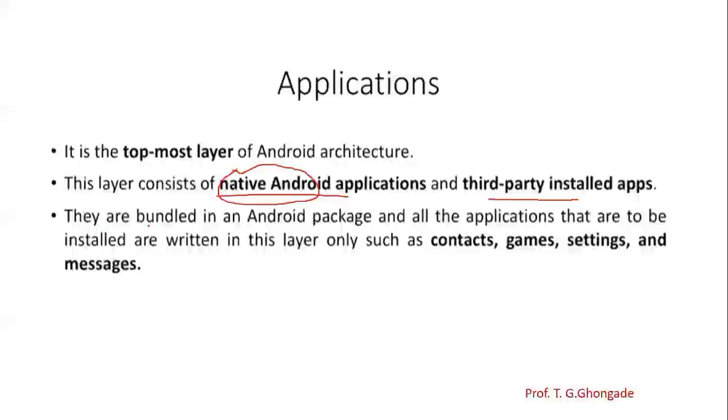These applications are bundled in an Android package, and all the applications to be installed are written in this layer, such as contacts, games, settings, and messages. Okay, so these applications are inbuilt, and these are known as native applications. And FB, Instagram, WhatsApp, these applications that you download from the Play Store are known as third-party applications.